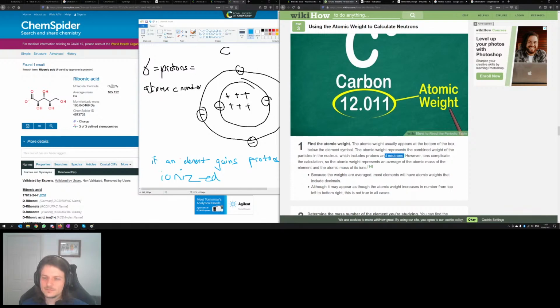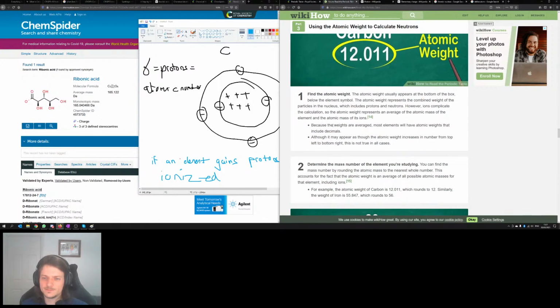However, ions complicate the calculations, so the atomic weight represents an average of the atomic mass of the element and the atomic mass of its ions. Because the weights are averaged, most elements will have atomic weights that include decimals. Although it may appear as though the atomic weight increases in number from top left to bottom right, this is not true in all cases.